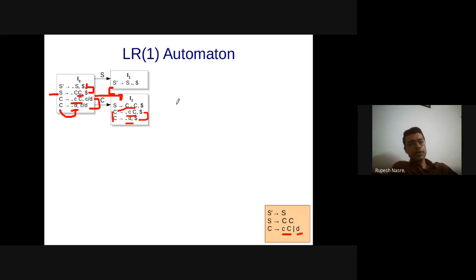Maybe someone can tell me the state from I0 on small c.